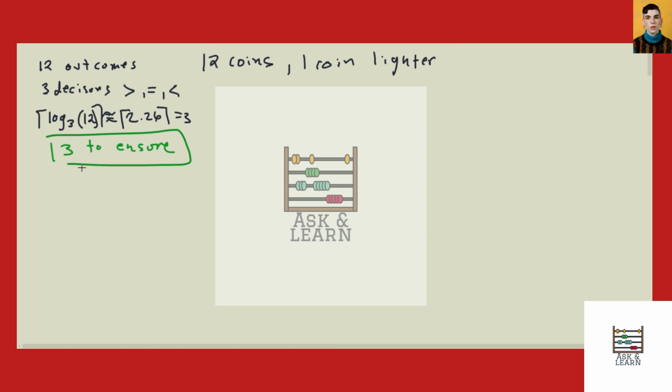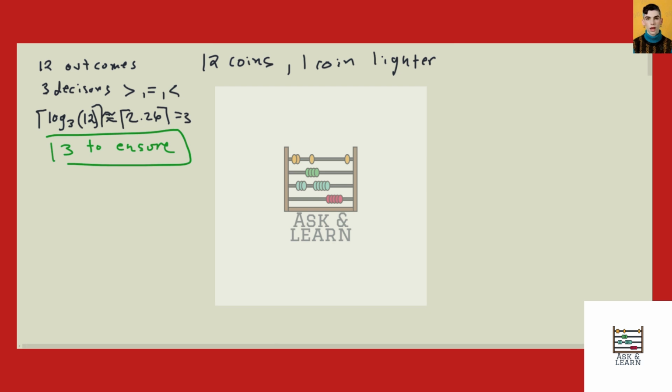You could do something like just pick 2, throw them down and see if one's lighter than the other, and you could get it in 1. But this ensures that we can create an algorithm that after 3 weighings, we will figure out which one is our lightest.